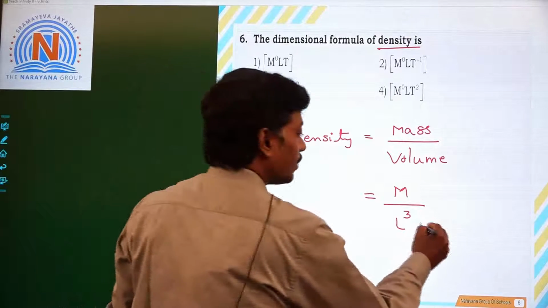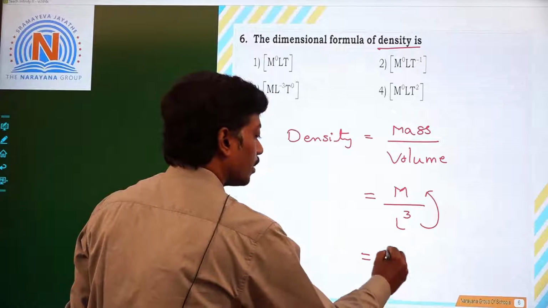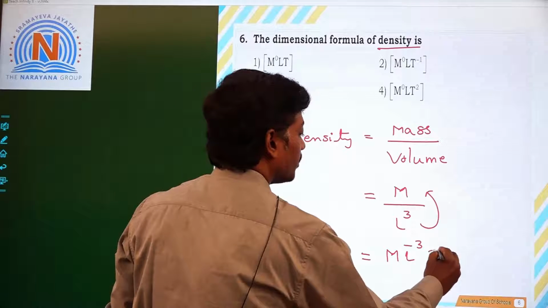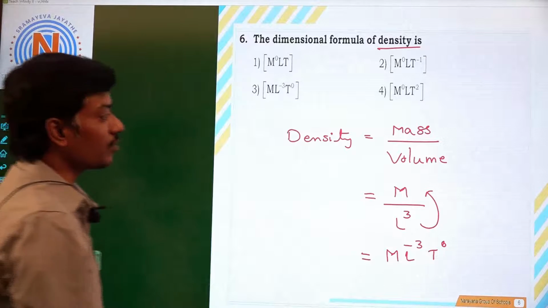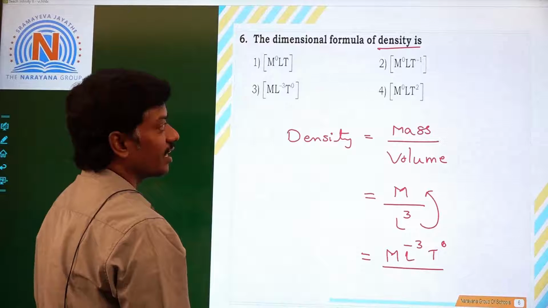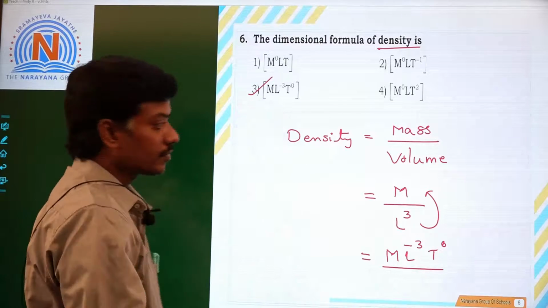When we take this L power 3 to the numerator, it becomes M L power minus 3. Time is not there, so T power 0. So the dimensional formula of density is M L power minus 3 and T power 0. So third option is correct.